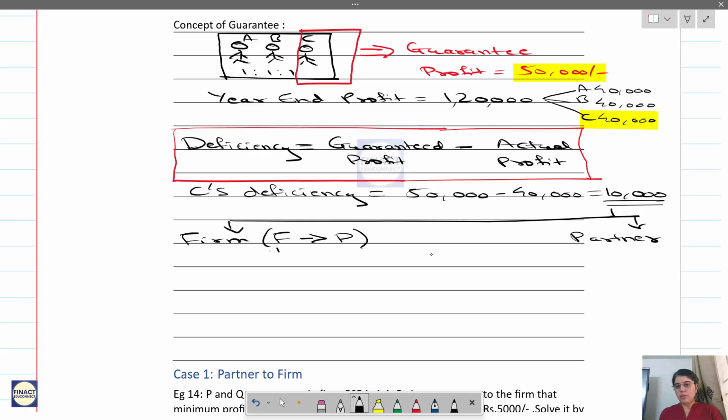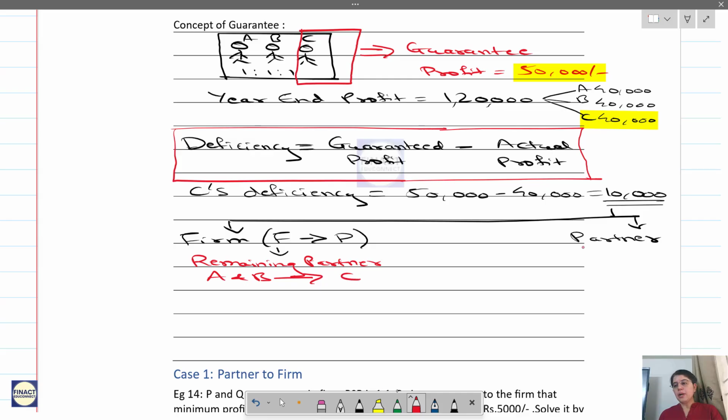By the word firm here, and this is important, I mean the remaining partners, not the entire firm. So who are the remaining partners over here? A and B. So A and B will give it to C.